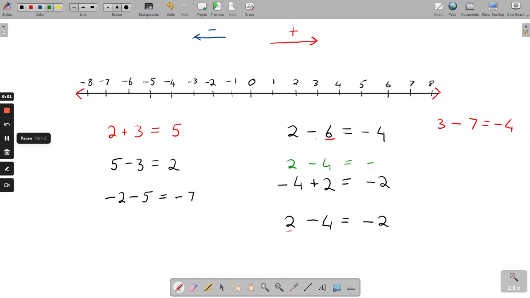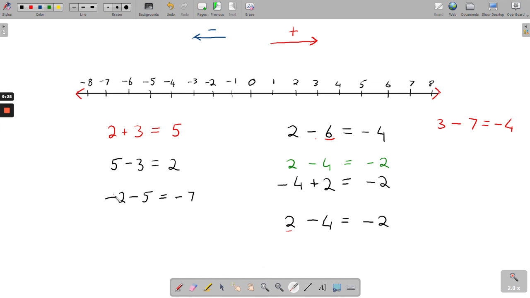Same answer, same procedure and everything between the two of these. 2 minus 4, and we can apply the same rules that we had up above. What you're going to do is take 2 away from 4 and then keep your negative sign there. So these are going to work either way around. We can also see this other example here. It's the same thing again. We've got 2 minus 4. 4 is a larger digit than 2. So you do 4 minus 2 and you end up at negative 2.